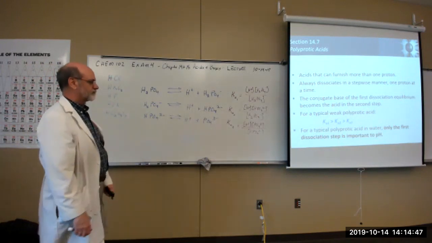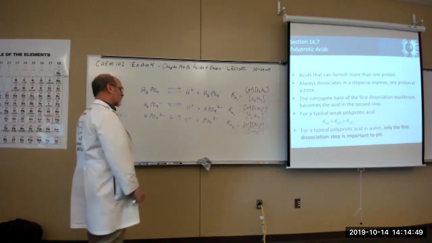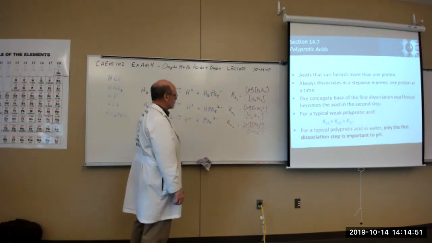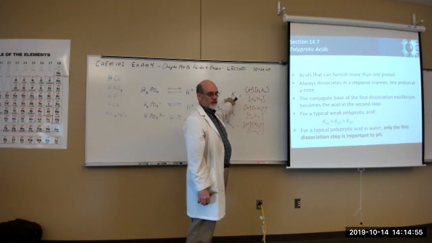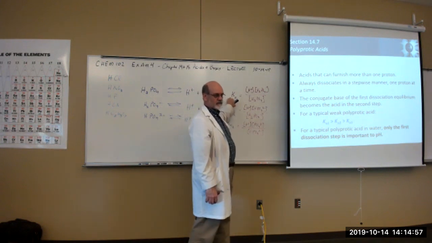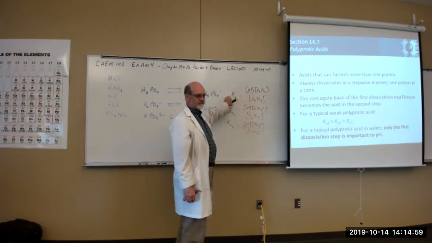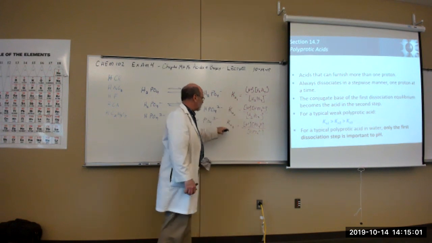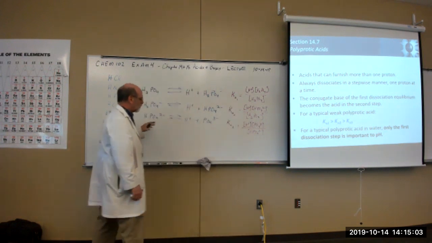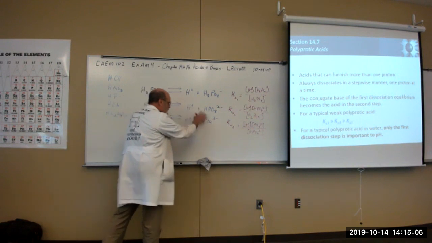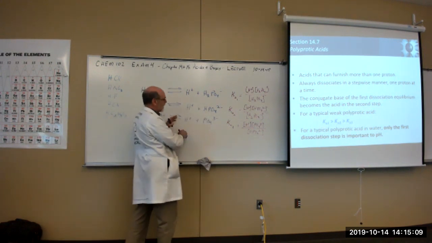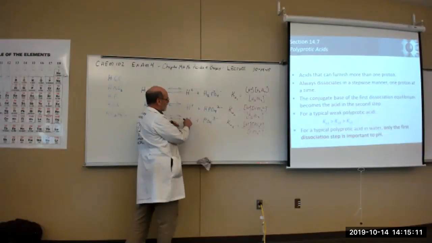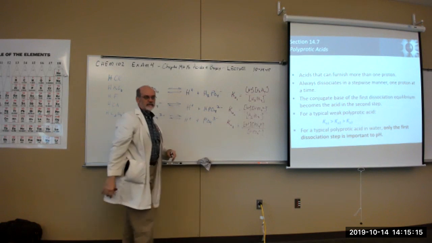Which also means that in most cases, only this one dominates for production of pH. These others are only useful when you're trying to find the concentration of these other species. Because you'll find with a simple calculation that these are so much smaller than that one, they don't matter.